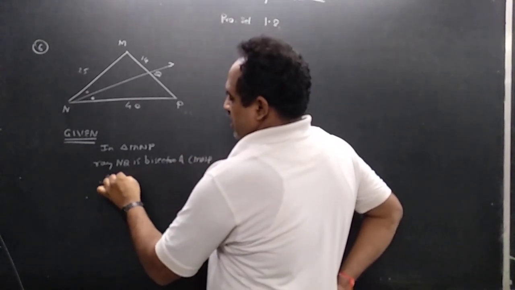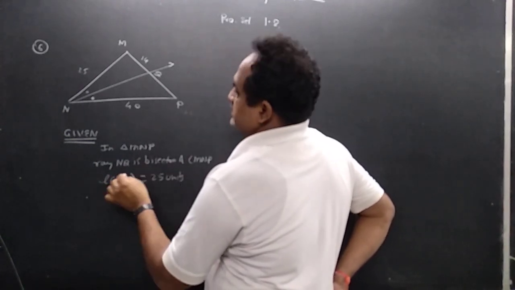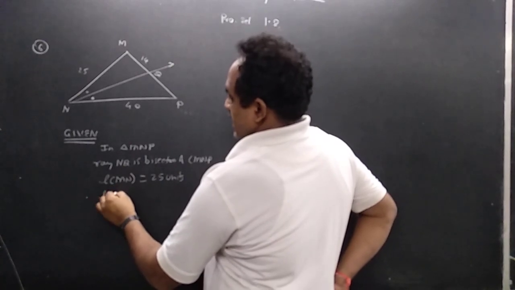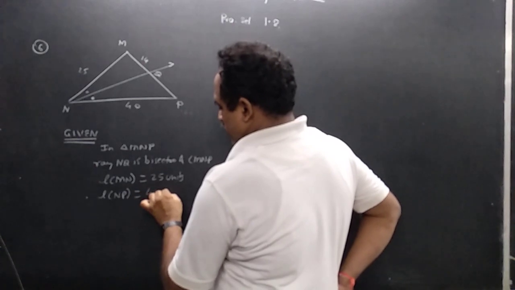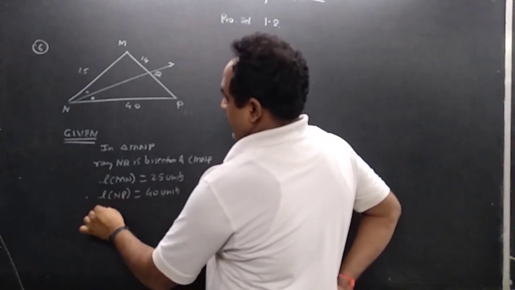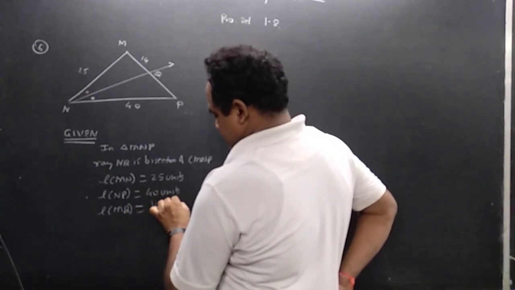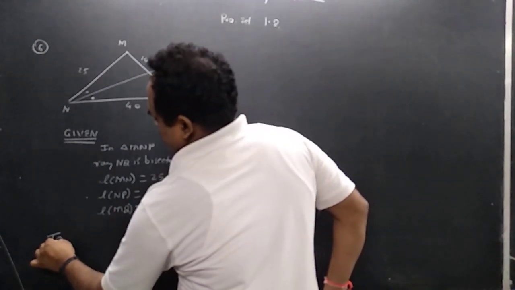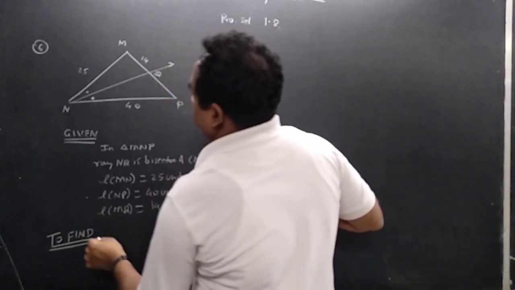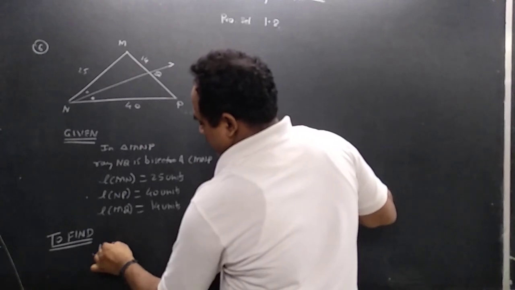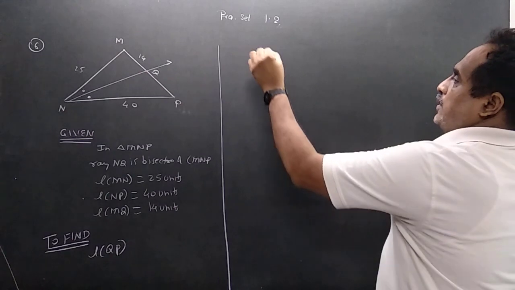They have given the value of MN is equal to 25 units, length NP is equal to 40 units, length MQ they have given 14 units, and they ask to find length QP.